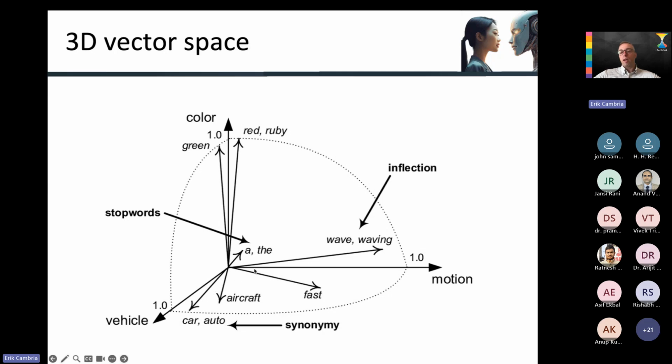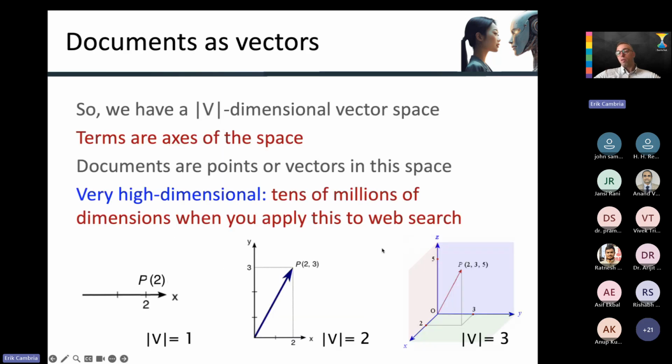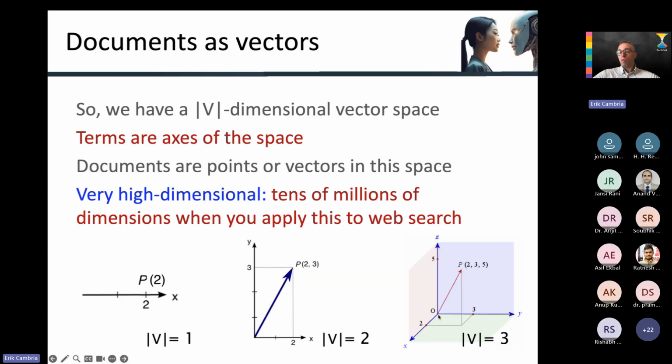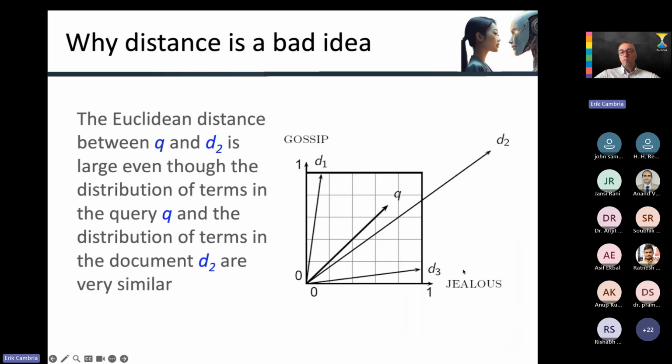So these arrows again represent my documents, because these documents are actually, once again, points in this 3D vector space. But because of how we'll calculate similarity later, it's also good to represent them as arrows that go from the center, the origin of the space, to the point.